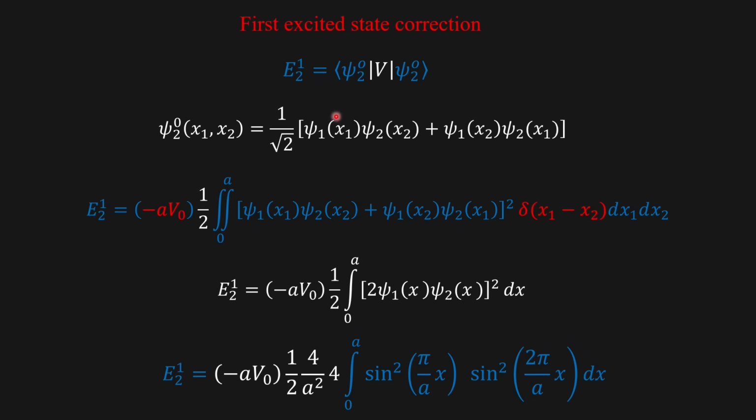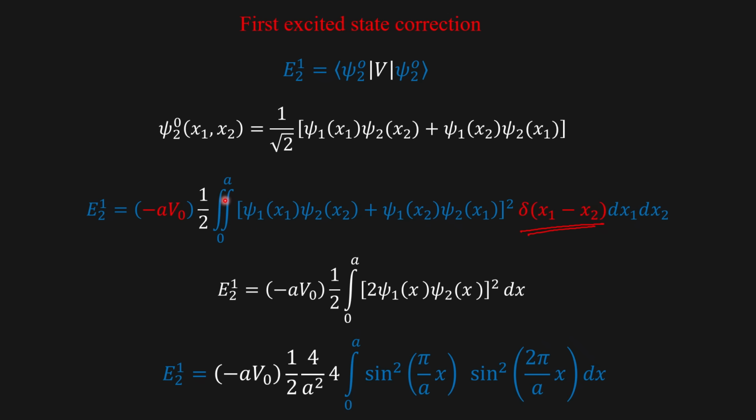So now you apply this potential, which is minus a V naught, delta of x1 minus x2. So this integral is non-zero only when x1 is equal to x2, which is equal to x.